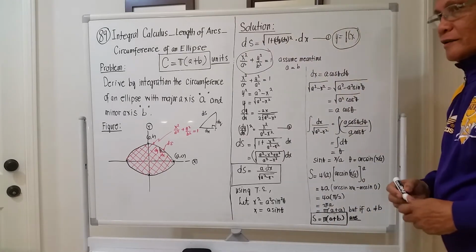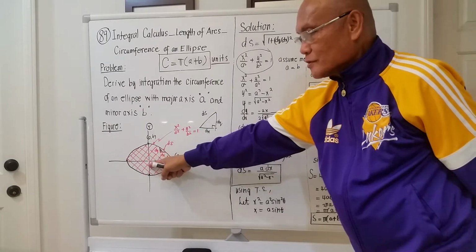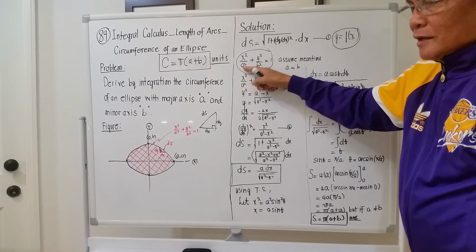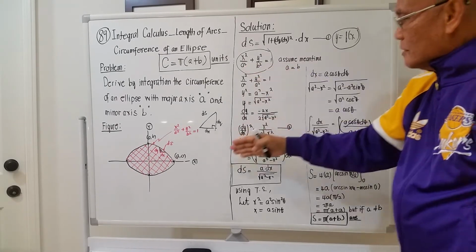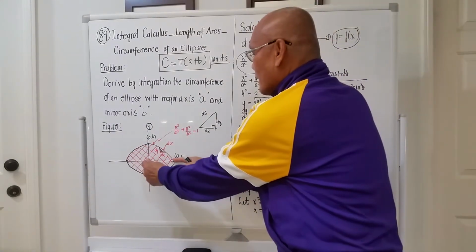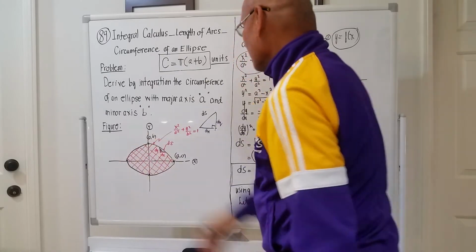Okay, that is the equation of an ellipse with center at (0, 0). The major axis is a and the minor axis is b. And the major axis coincides with the x-axis. The longer one, which is termed major axis, coincides with the x-axis.